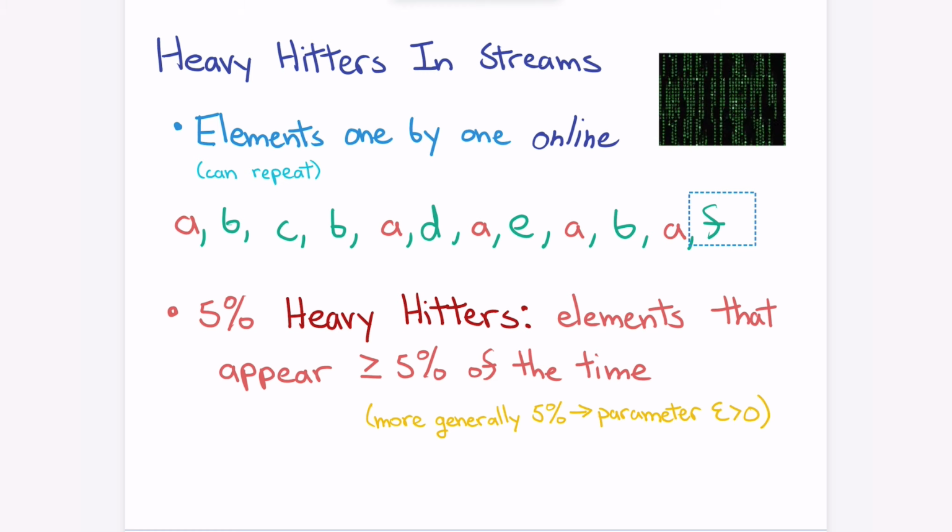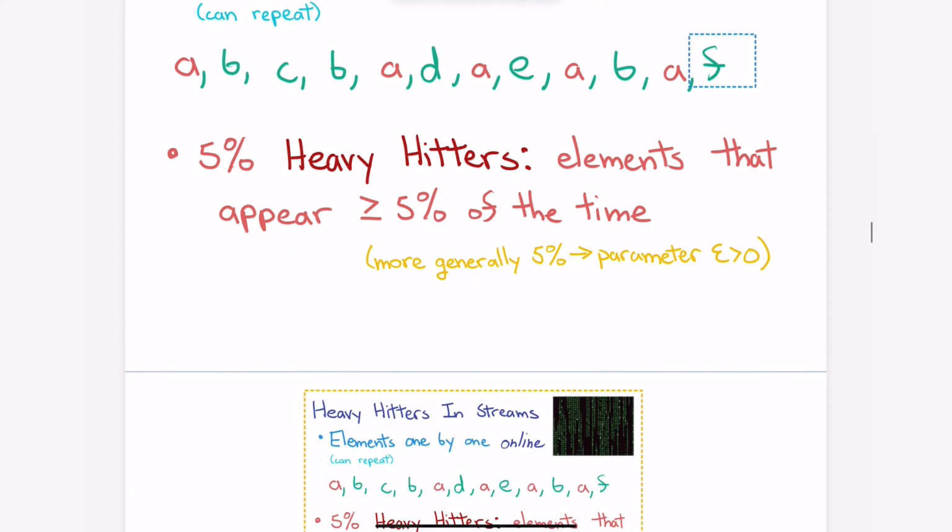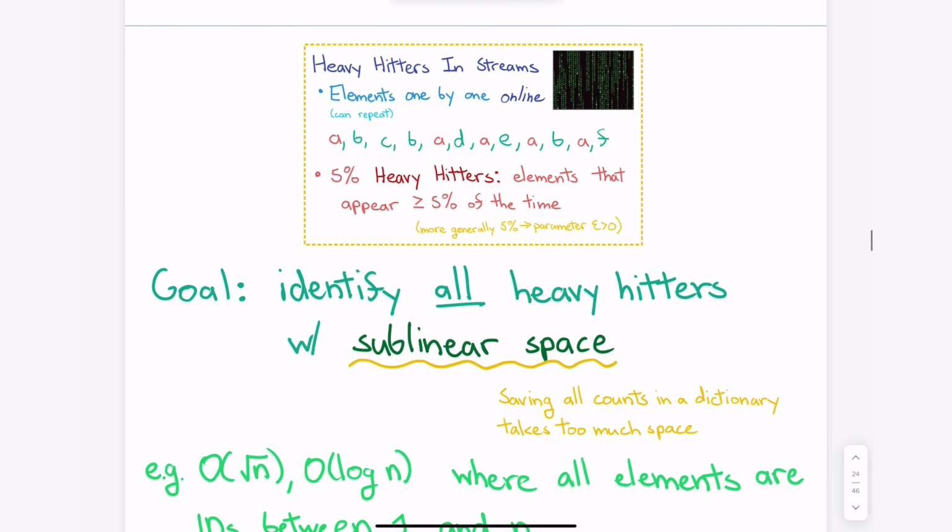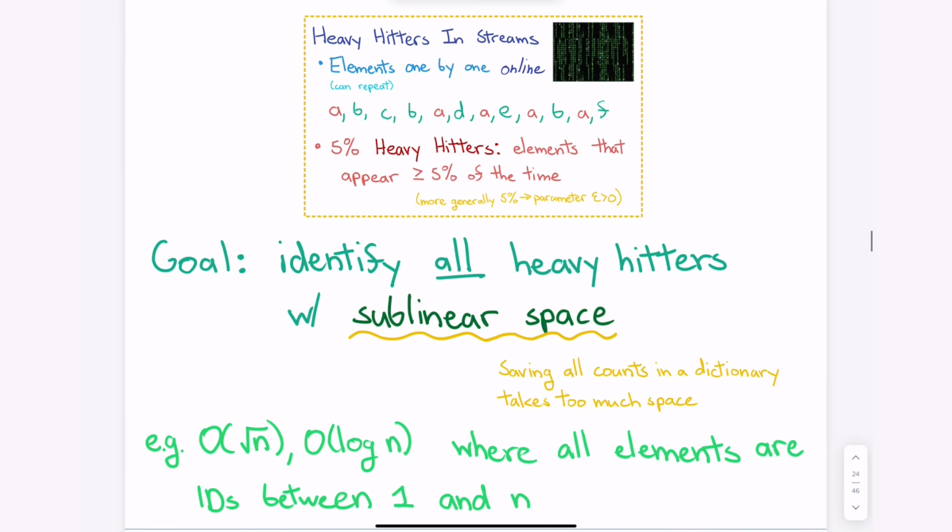So this is the heavy hitters problem. Our goal is to identify all of the heavy hitters in sublinear space. That could be like square root of n, that could be like log n, which would be really great. Constant might be too much. Anything dramatically smaller than the total number of elements is already interesting, because that's better than maintaining a counter for every element.